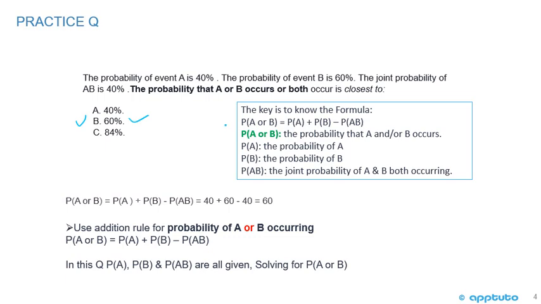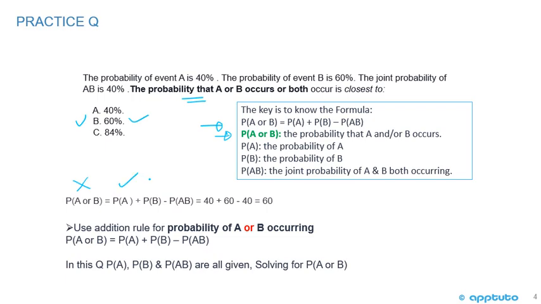So as I said, if you follow the steps, the key is to know the formula. P, probability of A or B equals the probability of A plus the probability of B minus the joint probability. So in this one, it's asking you for the probability that A or B occurs. So I put that in green there. That's the x. We're solving for x in this case.